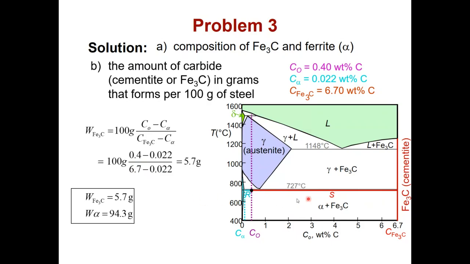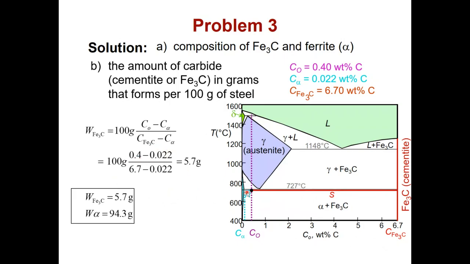And then, in order to compute the amount of cementite, which is right here, we've got to apply the R portion of it, which is the far side of the tie line. Dividing R by overall length gives us the amount of cementite. How do we compute it? So the length of R is 0.4 minus 0.022, and we write it here.